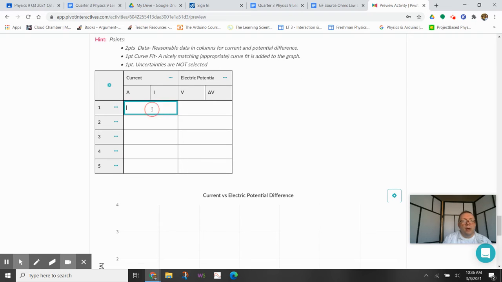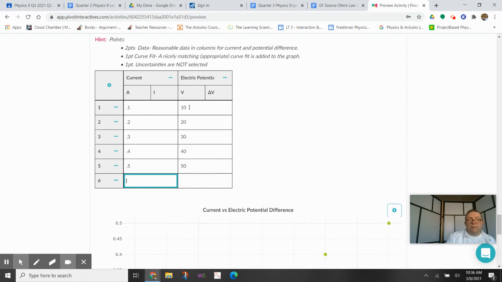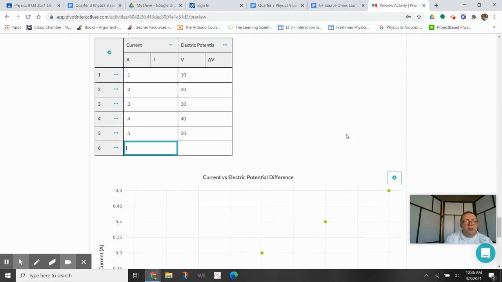I had data collected in here and I forgot to keep that in there. So we should have data that looks something like that.